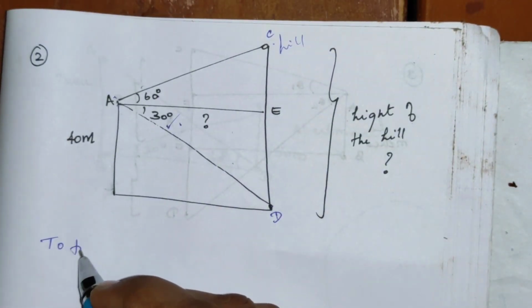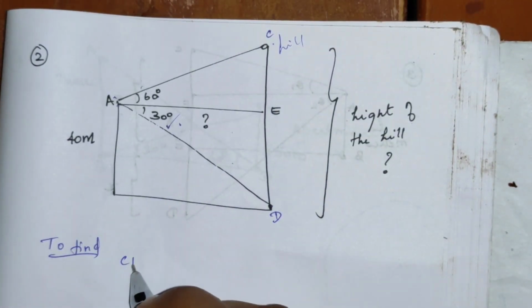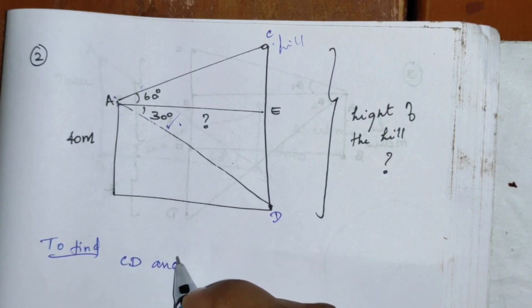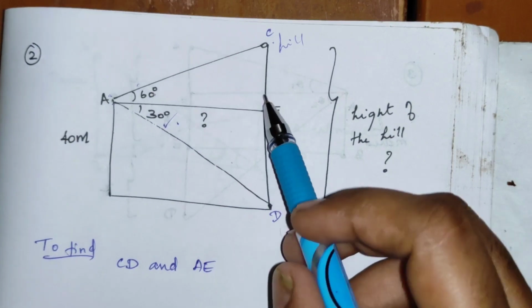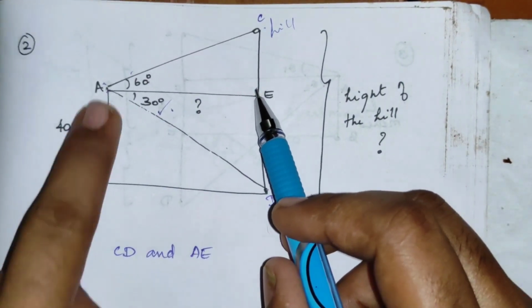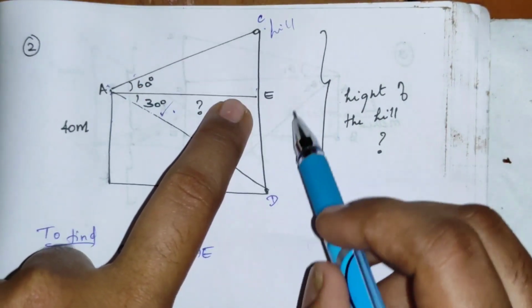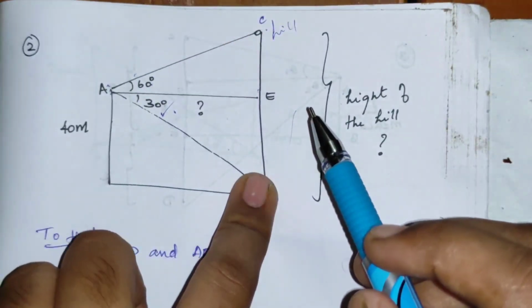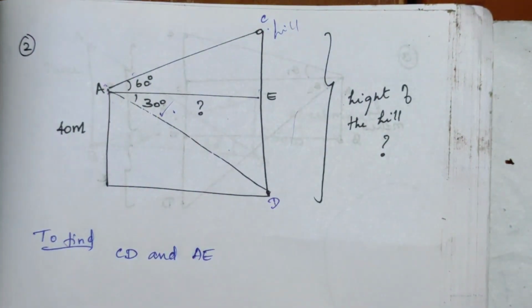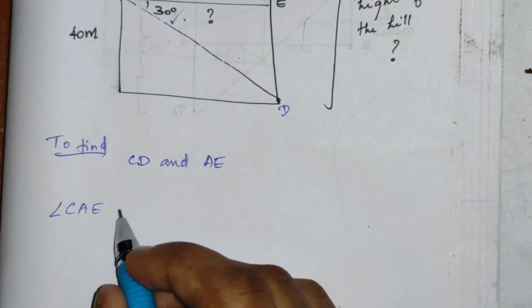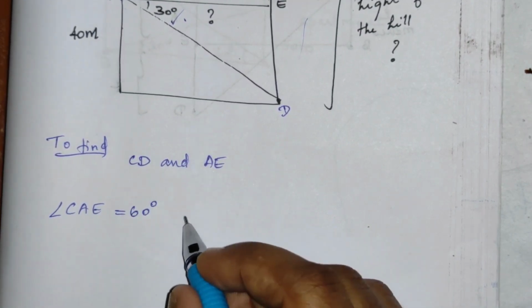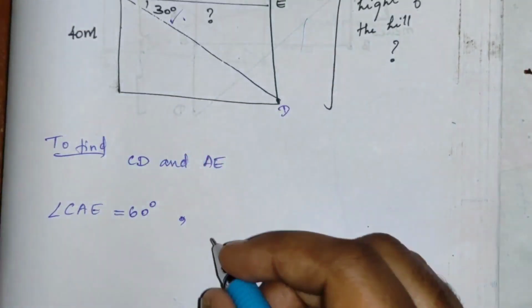So to find CD and AE, that is, one is the distance between the ship and the hill, that is AE, and the other is the height of the hill, that is C and D. So angle CAE is equal to 60 degree and one more angle is EAD.